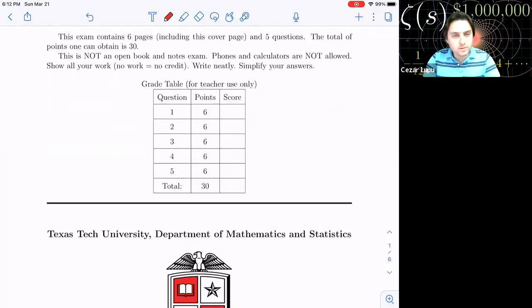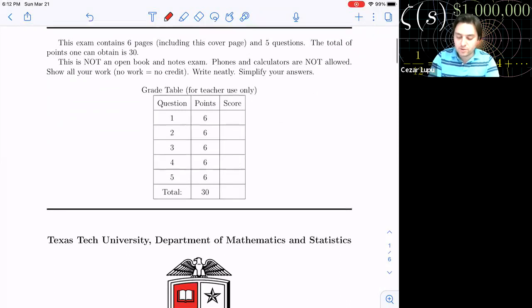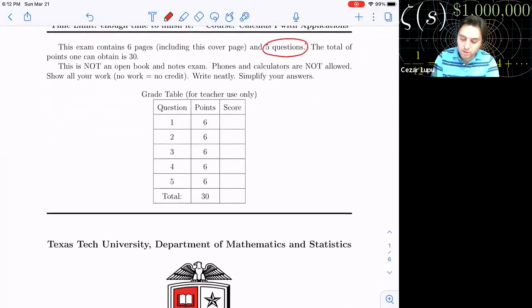The exam will consist of 6 pages, including the front cover page, and you will have 5 questions you need to answer. Since each question is worth 6%, the total amount of points that one can obtain is 30, as you can see here.